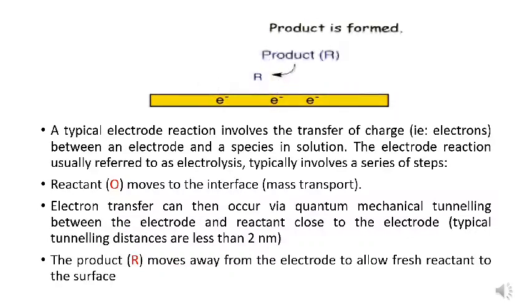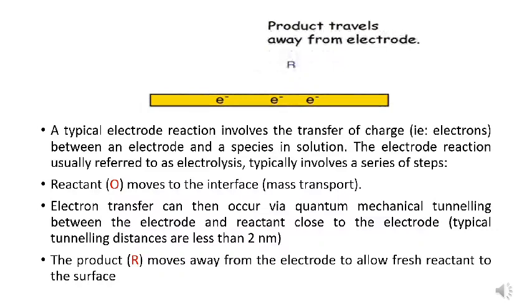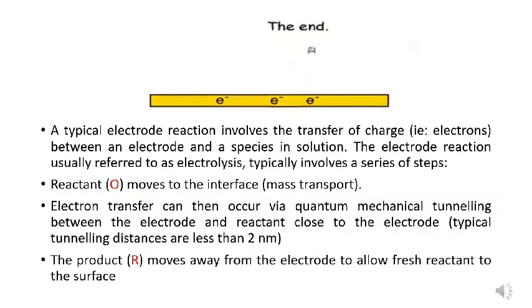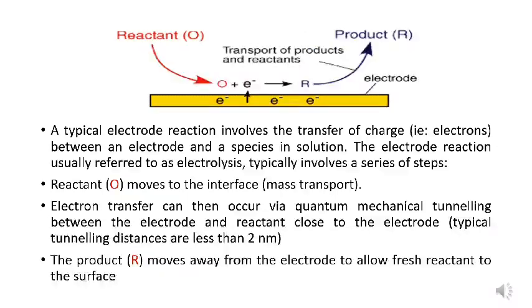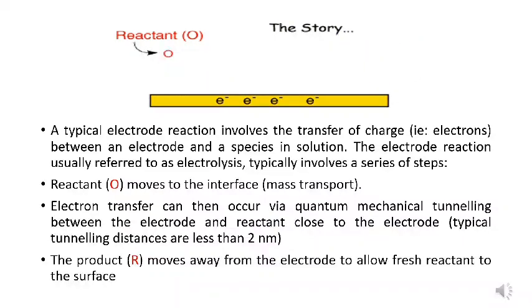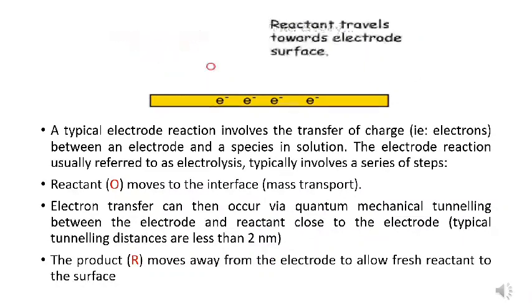This is mass transport, and this is the electron transfer. When enough electrons jump to the oxidized species, it will be reduced to R. R is the reduced species. Then it will go to the bulk solution as product. So this is R bulk.